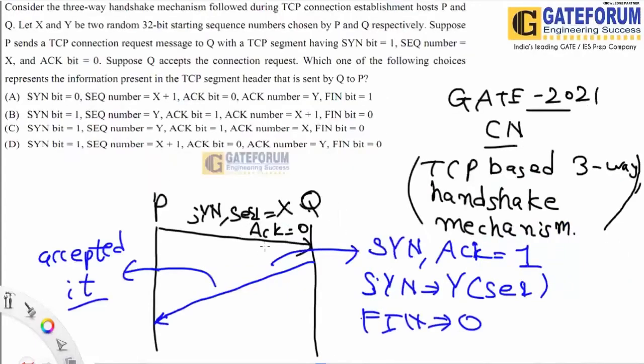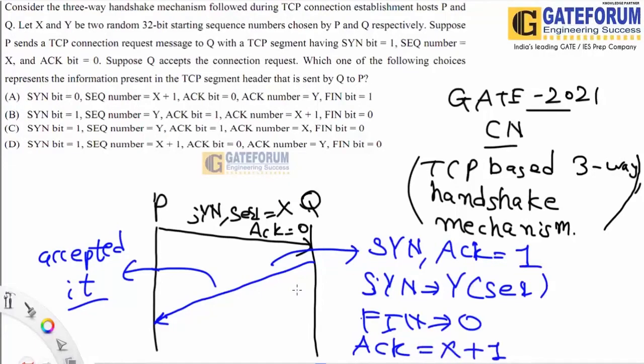The acknowledgement number is basically the identification of the sequence number for which I am sending the acknowledgement. Okay, there can be multiple other communications happening between P and Q, but this acknowledgement which Q is sending is related to this particular X sequence number. So here the acknowledgement would be X plus 1.